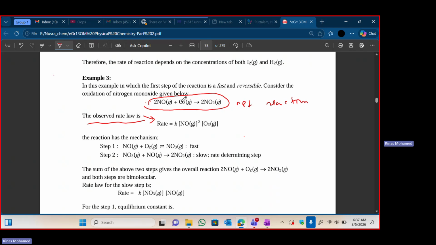This is a net reaction, NO plus O2 to NO2.